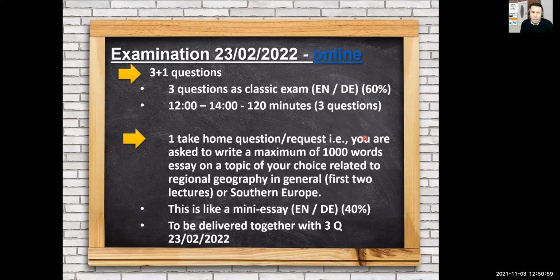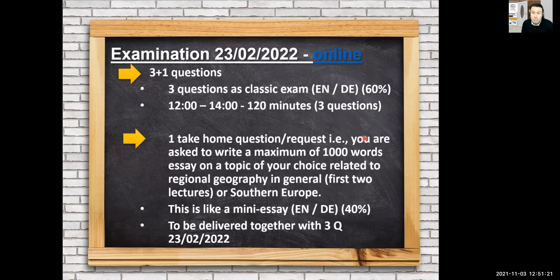You don't have to hold the stress of 4 questions at 100%, but there is this take-home question, which is what I call a mini essay, worth 40%. You can also write in German or in English. I've been asked to be open about this, so I'm being open to you, as I have been before with evolutionary economic geography.